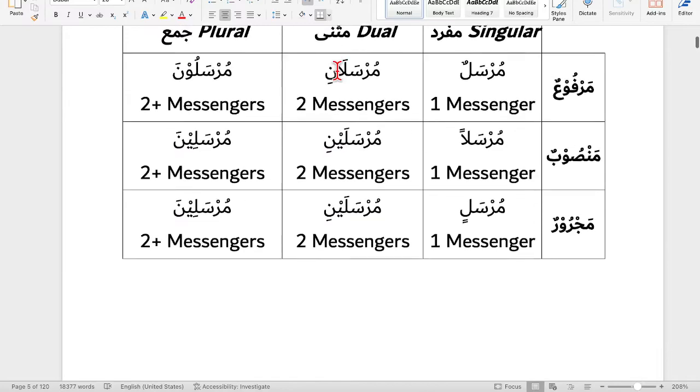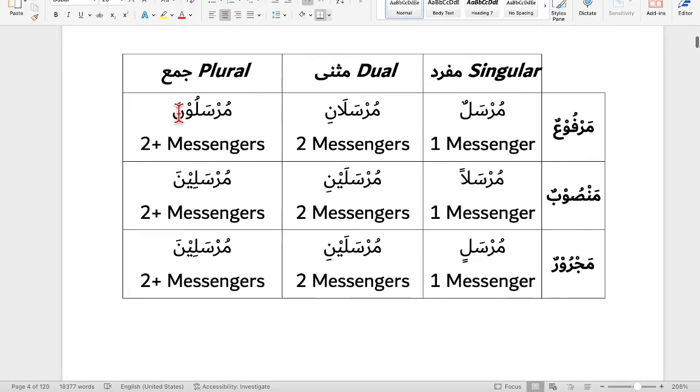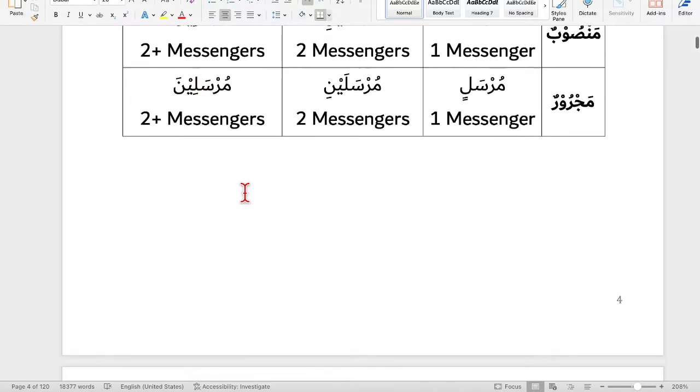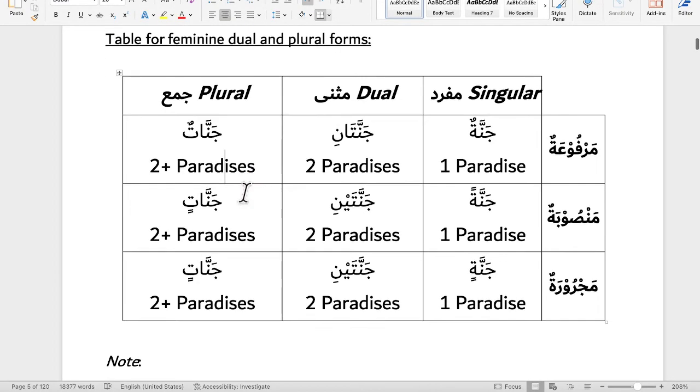In the masculine form we had una, ina, ina, but in the feminine form there is no una, ina, ina; instead it is jannatun, jannatin, jannatin. So again these two forms are the same, but this pattern is different. This ta marbuta, as we call it, indicates that the noun is in the feminine form.